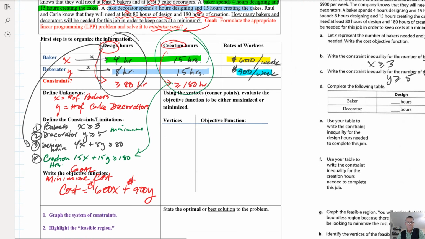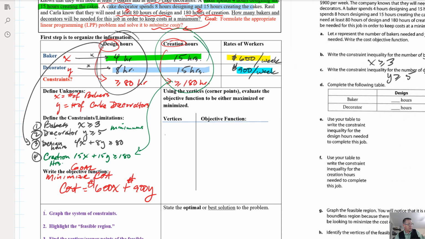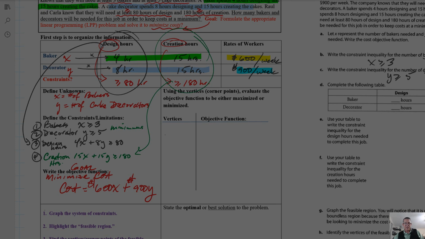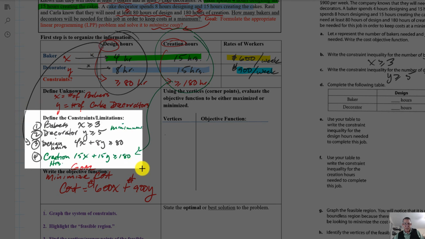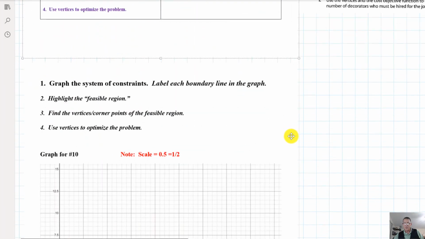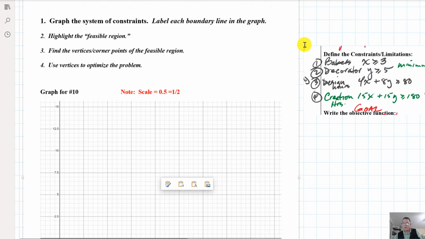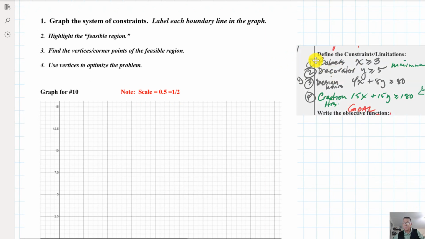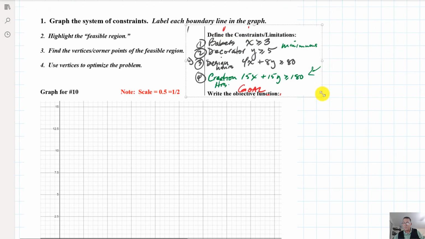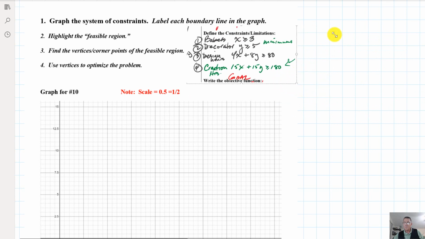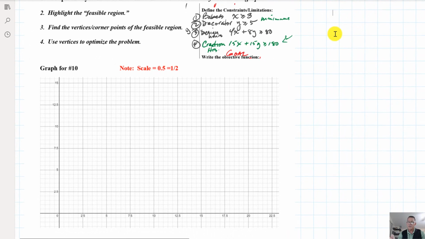All right, so let's take these and work with these constraints. Let's go to the next page, where the graph is, and let's graph them. So x greater than or equal to 3.